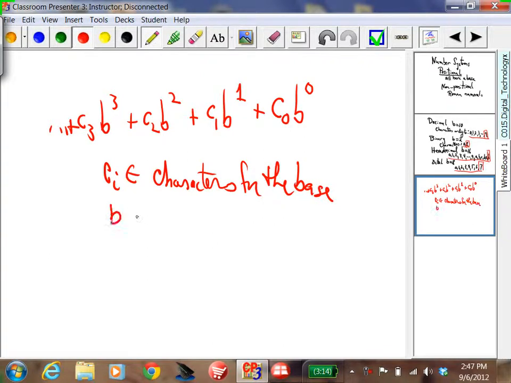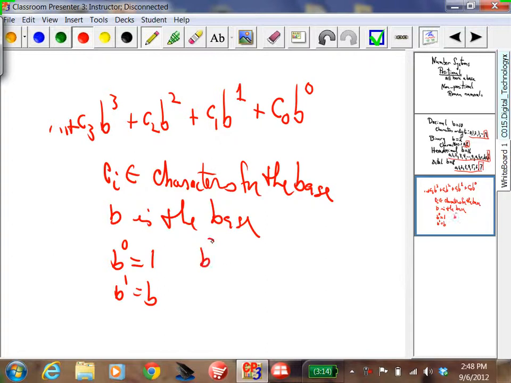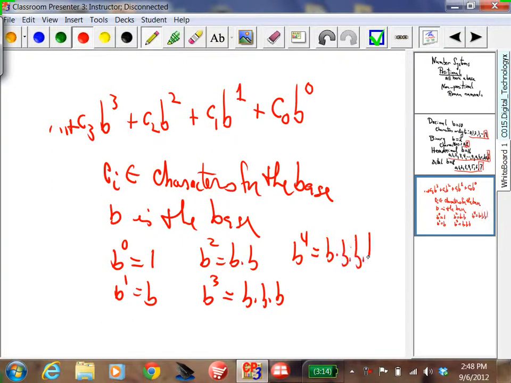B is the base. B to the 0 is equal to 1. B to the 1 is just B. B squared is B times B. B cubed is B times B times B. B to the fourth power is B times B times B times B, and so forth.